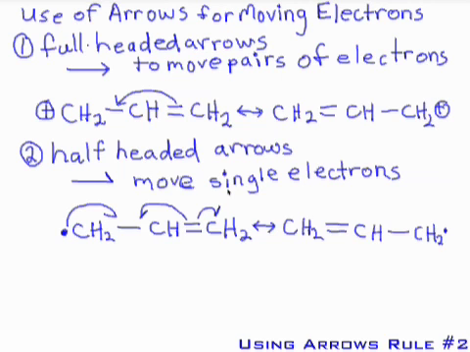Now, when using a full-headed arrow, some simple rules. Typically, you'll notice in the top structure that electrons usually move away from negative charges, or if there's no negative charge, towards positive charges. So, it's a good rule of thumb.